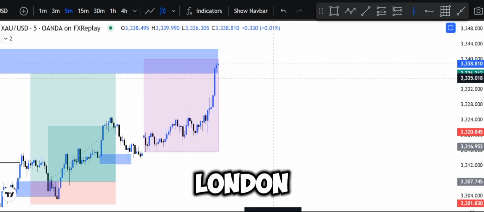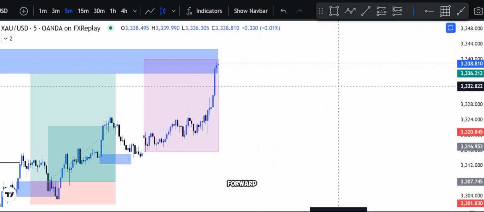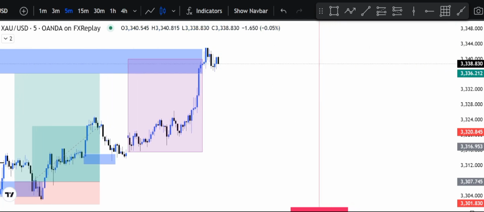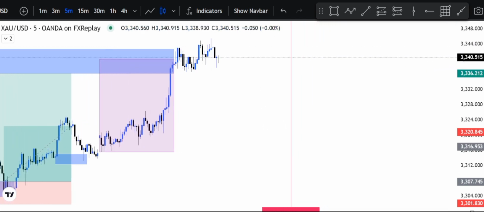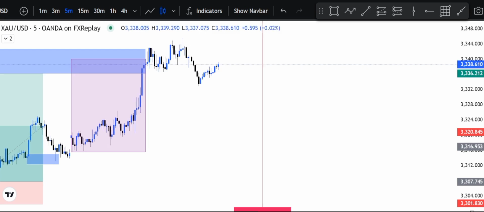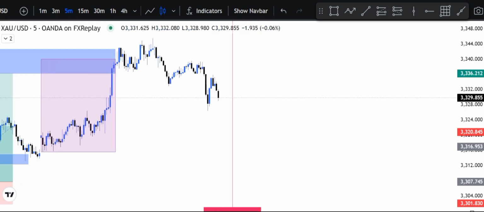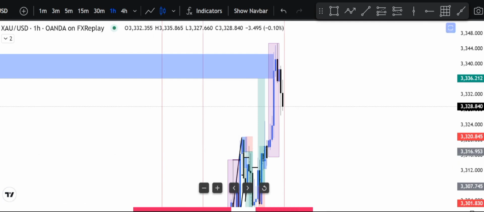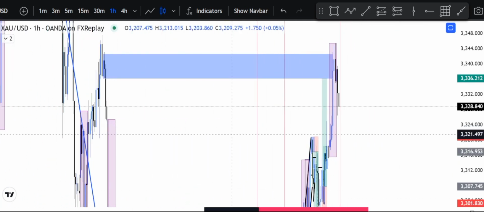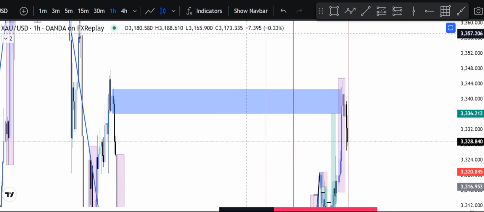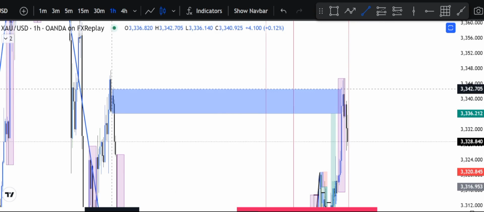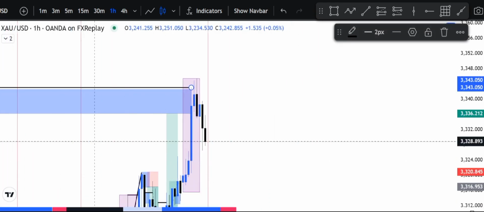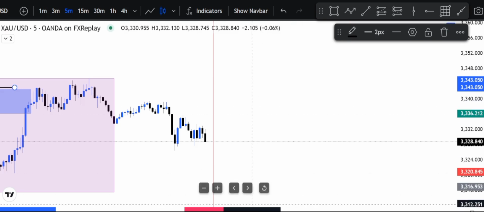Let me mark my London open so I don't fast forward it. This was a liquidity indeed. Never mind, let's continue.